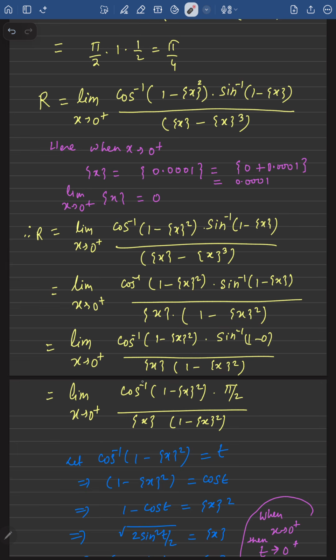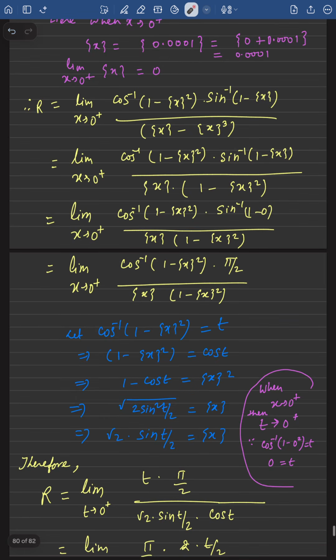Why write it as it is? Because this expression is giving you a 0 by 0 format, like 1 minus 0. Cos inverse 1 means 0, this is also 0. 1 minus 0 has no problem, it is 1, but these two are making 0 by 0 format. So we will do a simple simplification and substitution to solve this.